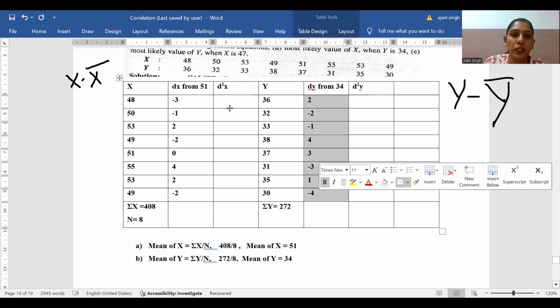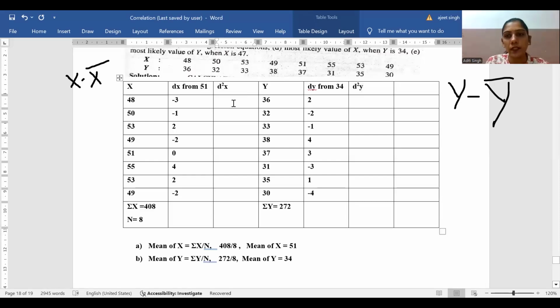First, d square x: minus 3 squared is 9, 1 is 1, 2 squared is 4, minus 2 squared is 4, 0, 16, again 4 and 4. Now d square y: 4, 4, 1, 16, 9, 9, 1 and 16.